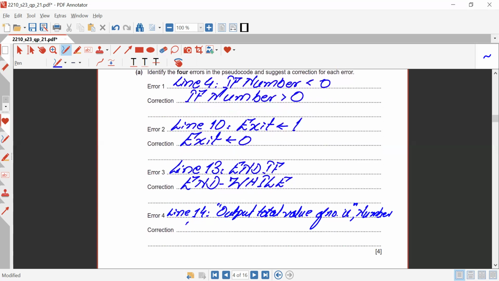Now the correction is output total value of number is total. So these were the 4 mistakes that we need to correct.